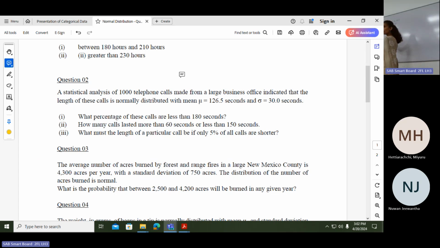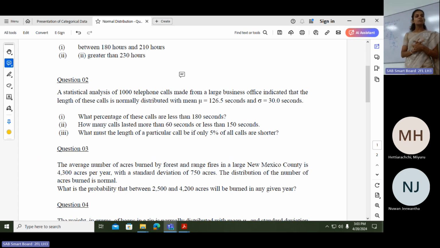This part is already 0.5. Then what is the total probability value here? 0.9625. Then the question asks to calculate the percentage. What is the answer? 96.25%.